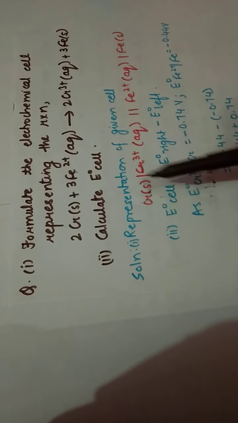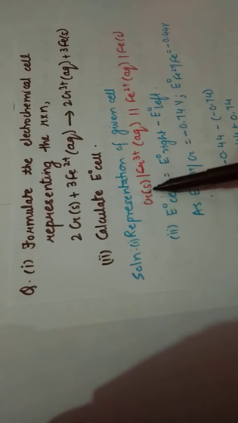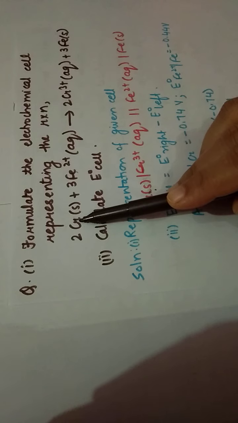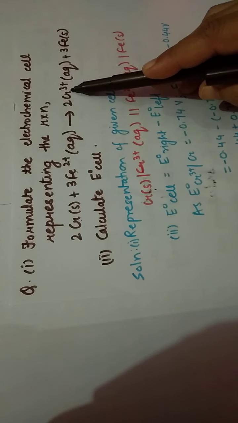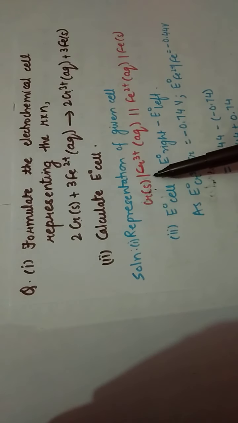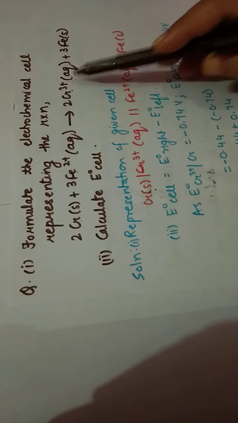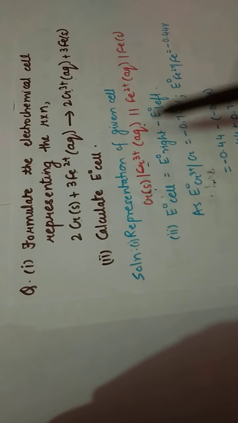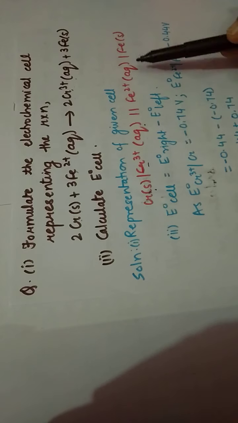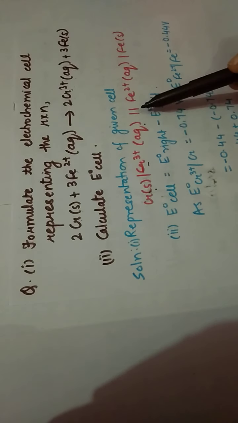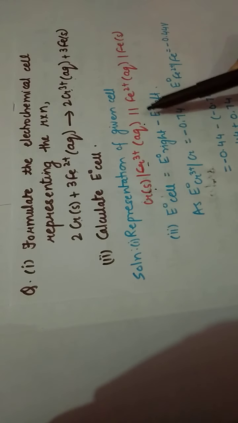So this is how we are going to represent it. Chromium first, chromium solid, as I have written earlier. Chromium and this ion of chromium will be separated by a single vertical line, Cr3+, aqueous. Now these two half cells are connected by a salt bridge.